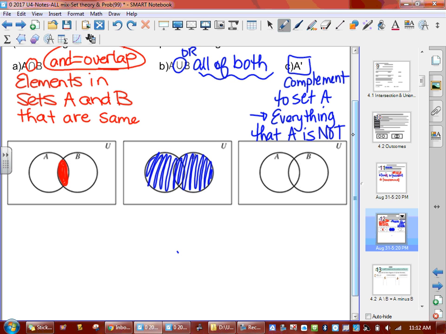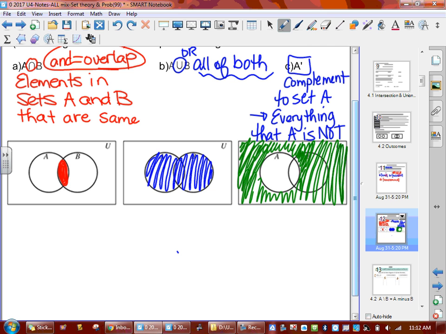So that means I shade the outside. I shade absolutely everything except for the A circle. And the B circle, I can't shade the loop that's contained with the A, because it's part of the A. So this is the complement to A. It's everything that A is not. So that includes the outside.